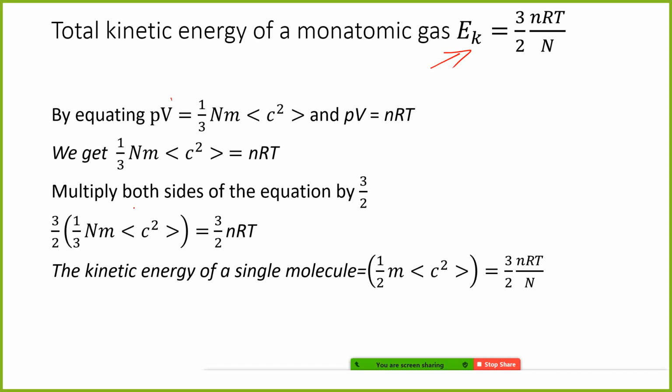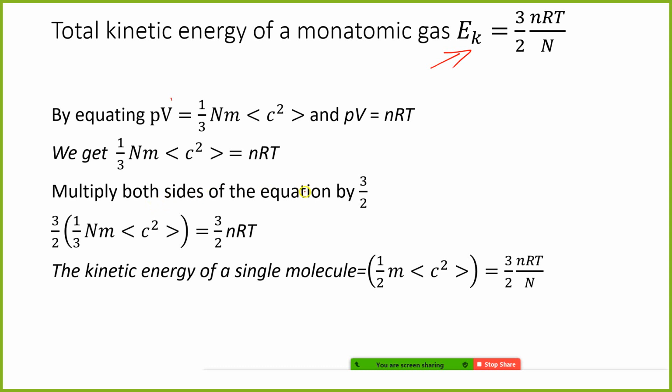You only do it because you want to manipulate the equation so that it gives you what you want. At the end of the day, we're looking for kinetic energy, and kinetic energy says a half mv squared. That's what we want.